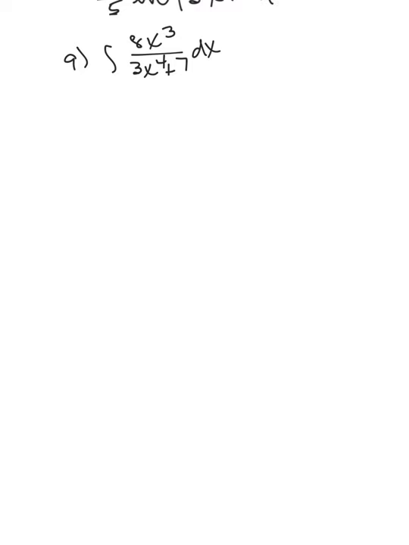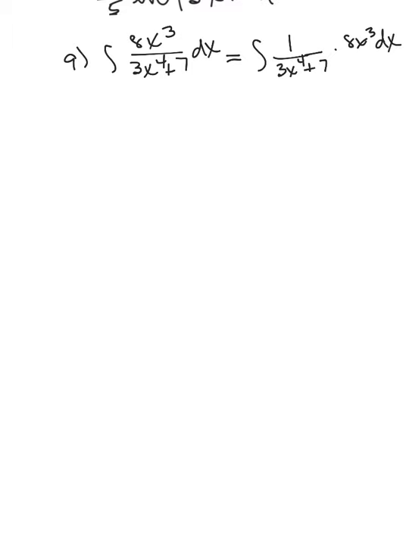On number 9, we have the integral of 8x cubed over 3x to the 4th plus 7, and all of that's times dx. It might help you if you always start out by writing your fraction as 1 over the denominator, and then make it times the numerator, 8x cubed dx.